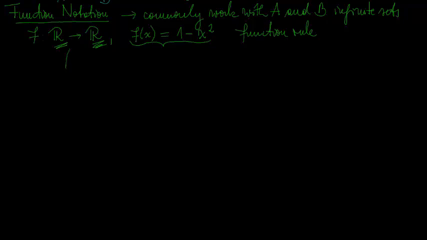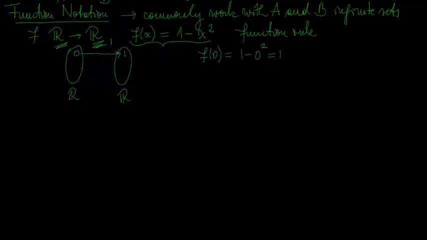Well, let's see what I would like to do if I were to try to represent this function through diagrams. Let's say I have the x value of 0, and I can compute that f of 0 with this rule is 1 minus 0 squared, which is 1. So this rule tells me that 0 is being assigned to 1.